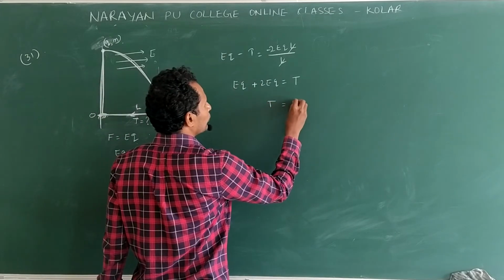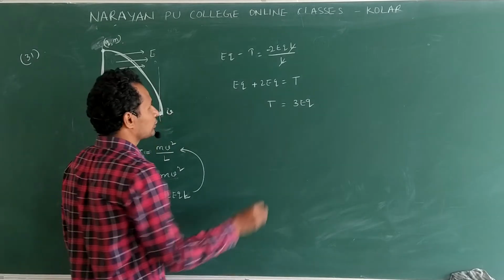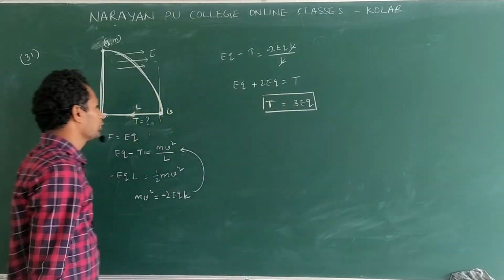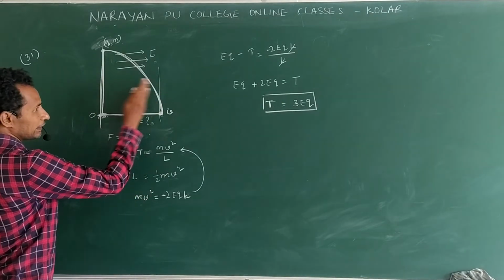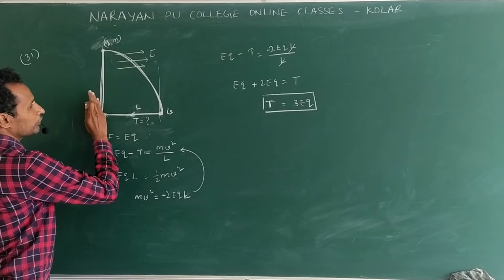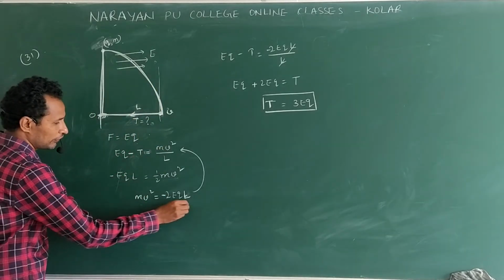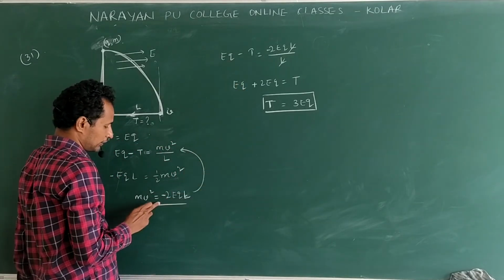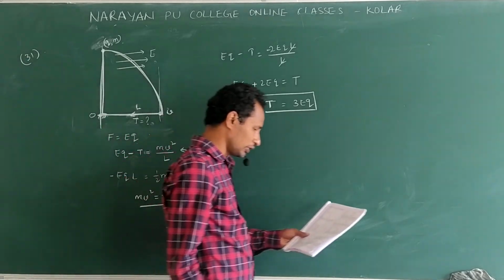T is equal to 3EQ. Why is work done negative? We are moving in a decreasing field, in the direction of the field, so we take work done as negative. Then substituting this kinetic energy in the first expression, we get the tension.